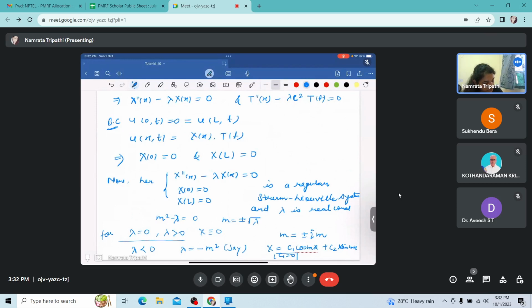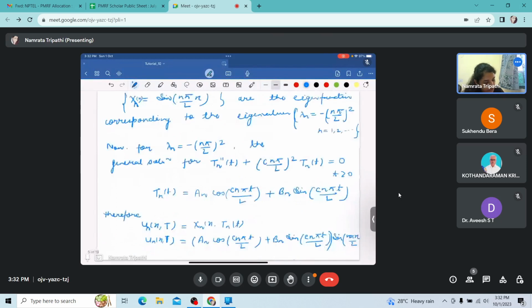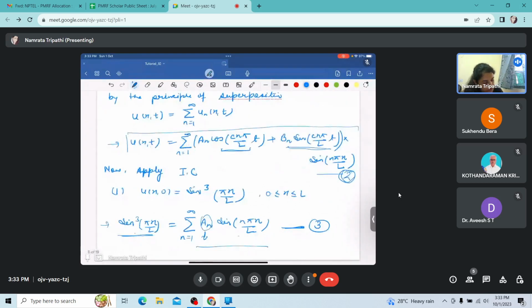We already know how to solve the Sturm Liouville system. So after solving for x, we can use lambda and solve for t, so that we can write our solution in the form of un. So the solution becomes u of x, t, which is given in equation 2.